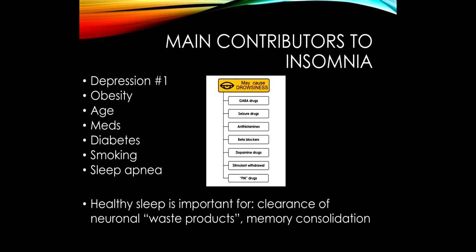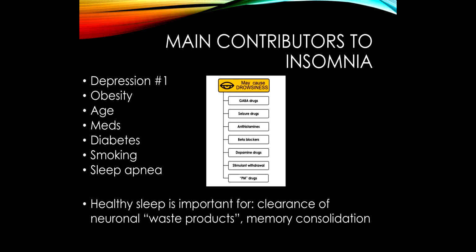Why do we need to have a good sleep at nighttime? We could have a whole lecture just on that, but I'll mention 2 factors. We know that sleep is important for clearing waste products that accumulate in the brain, including amyloid beta, our subject of Alzheimer's disease from last week.